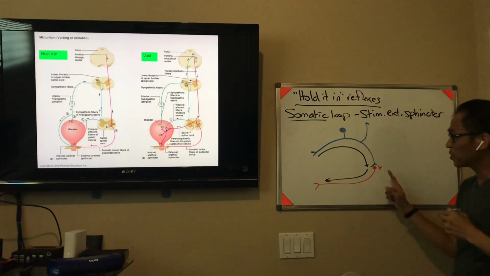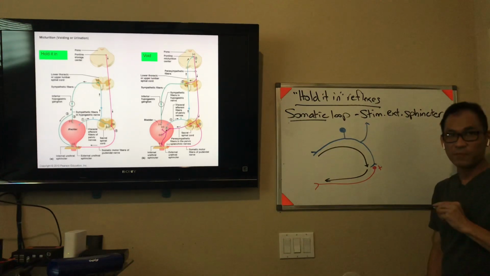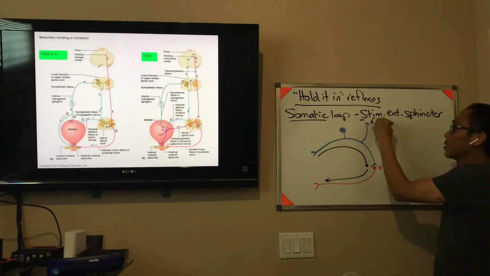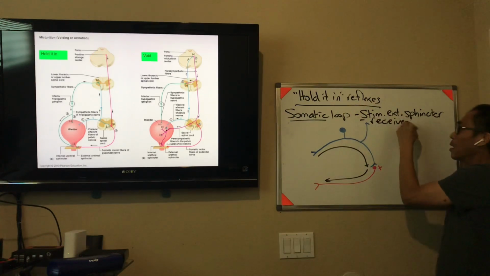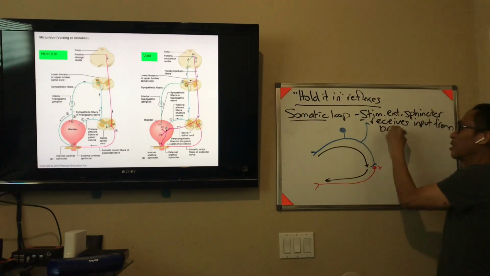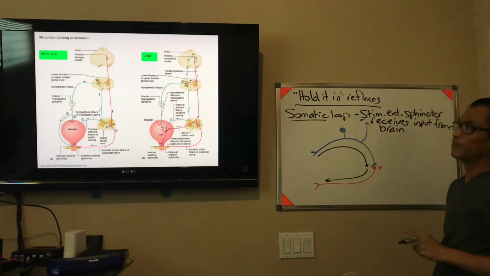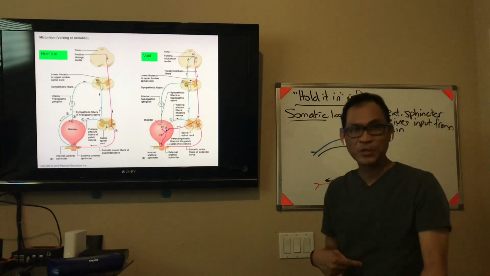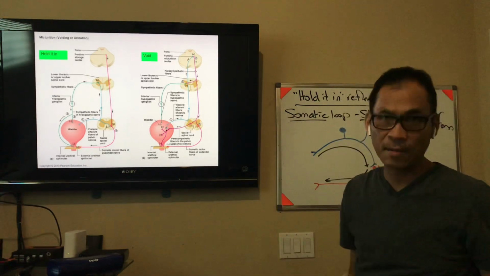And the good thing about this loop, it receives input from the brain. In other words, it's got brain influence. This is you straining to hold it in because it's the long bus ride situation. You've got to hold it in until you get to the rest stop.